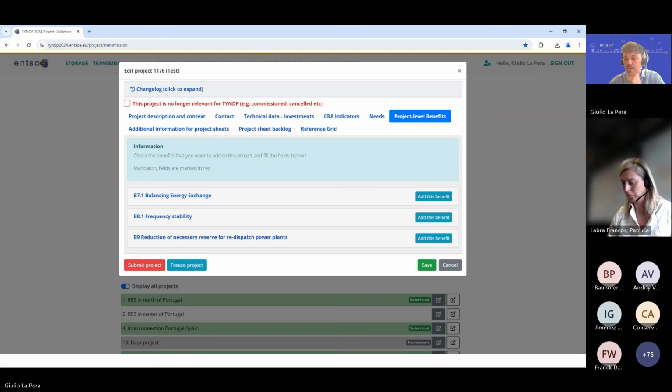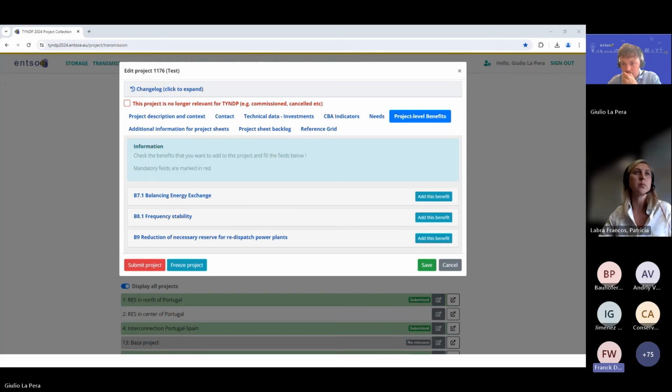In the methodology for the B8.1 in the implementation guidelines, we were focusing mainly on HVDCs within synchronous areas.